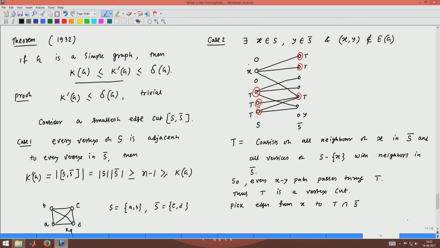That means, you pick these edges, and one edge from each vertex of T intersection S to S complement.